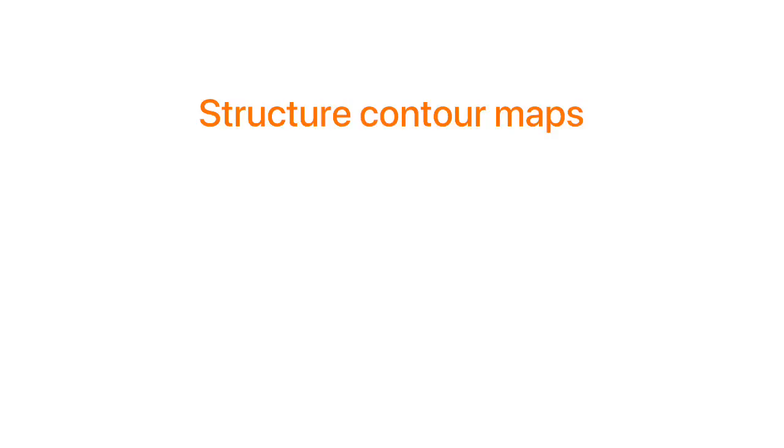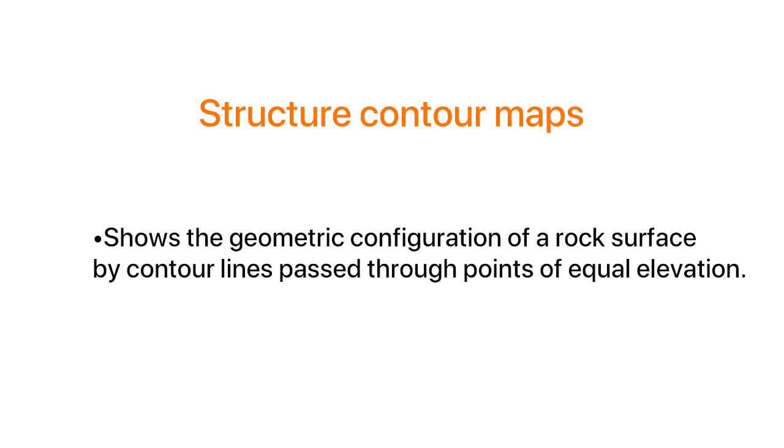The other type depends on the attitude of the stratigraphic unit or of the upper surface of the stratigraphic unit, meaning the elevation. So the definition of a structural contour map: it shows the geometric configuration of the rock surface by contour lines drawn through points of equal elevation.